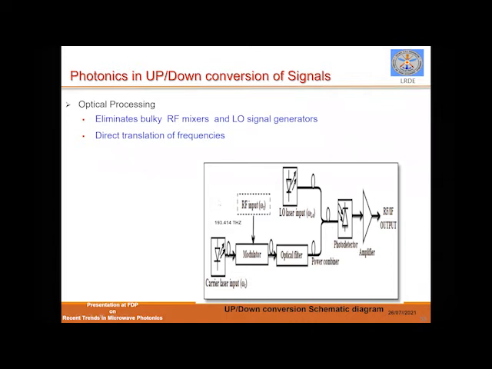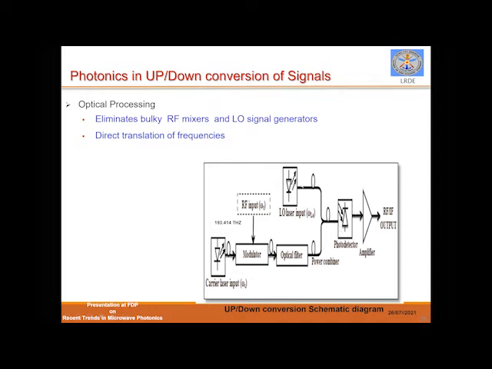So here we can see that the way we used to mix it with a local oscillator signal previously, here the laser wavelengths are selected in such a way that these signals are up converted or down converted.